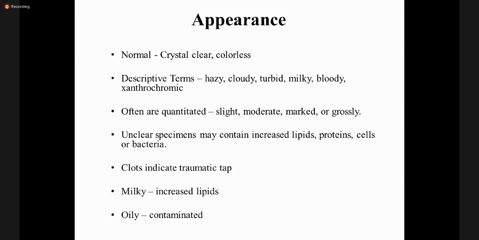But if the blood in the CSF clots, it means we have a traumatic tap actually. It does not come from the brain or CSF. It becomes milky when there are increased lipids. It can be oily also, if contaminated.